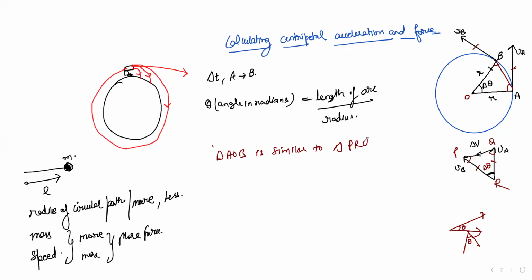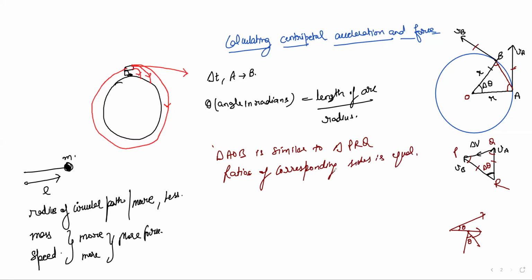Similarity we have done in IGCSE, if all three angles are equal, it is the same, right? Now, if triangles are similar, then the ratio of their corresponding sides is also equal. In similar triangles, the ratio of corresponding sides is equal. Is it fine?